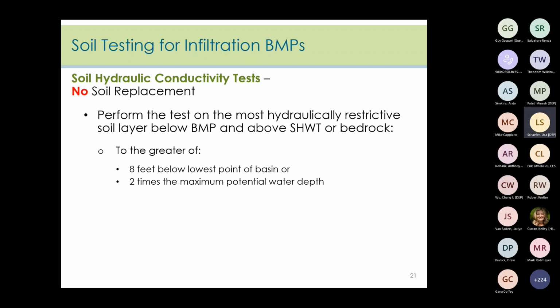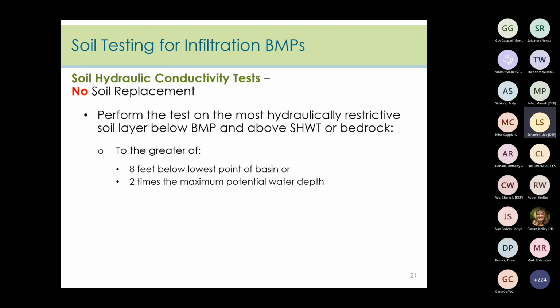After determining the numbers and locations of the soil profile pits for infiltration BMPs, you're going to have to decide the depth of the soil profile pit and which soil layer to select for performing the test for soil hydraulic conductivity.